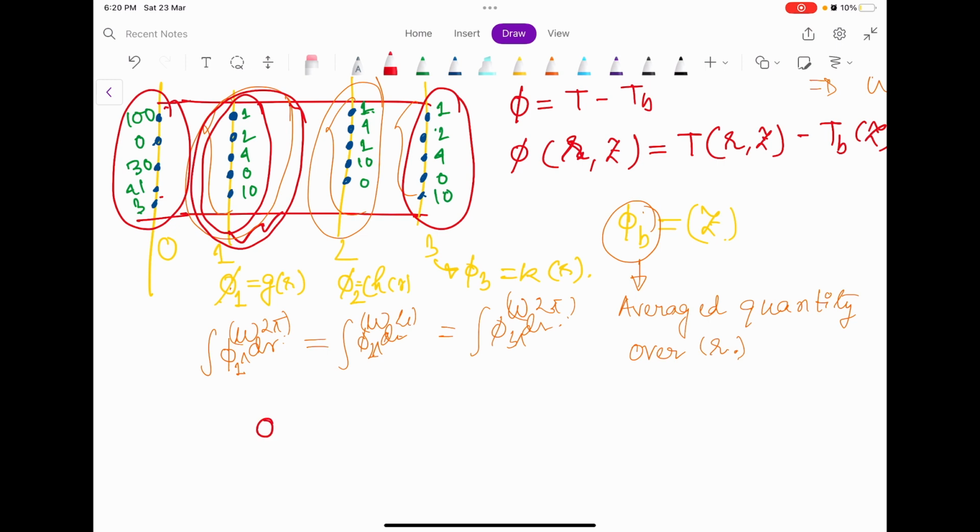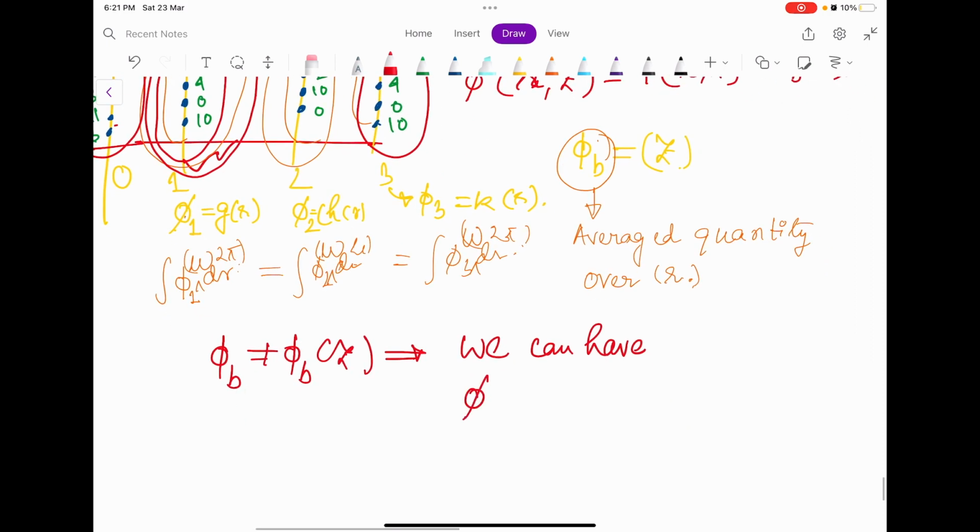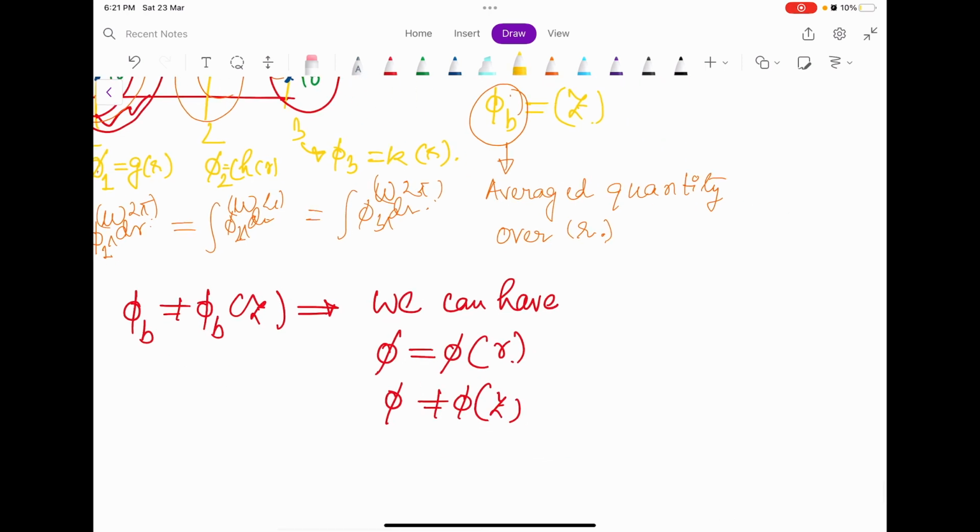Similarly, if phi b is not a function of z, then we can have a local phi that is also a function of r only. That is, phi is not a function of z. I have not said that we will have it, we can have it, there is a possibility.